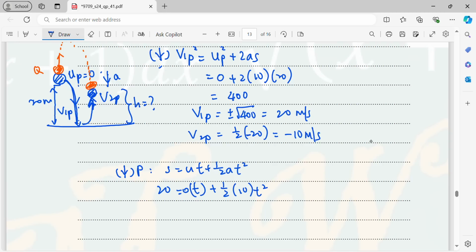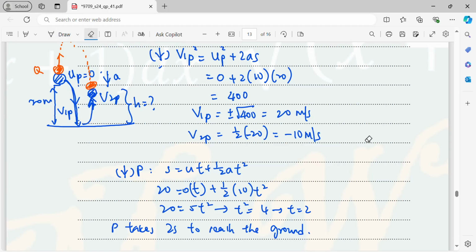Then obviously from here I get 20 equals 5T squared. Therefore, your T squared will be 4, and hence your T is 2. That means P takes 2 seconds to reach the ground.